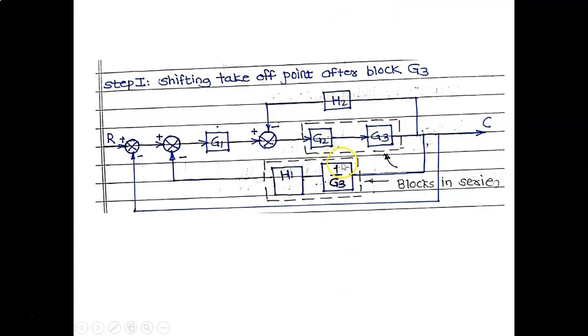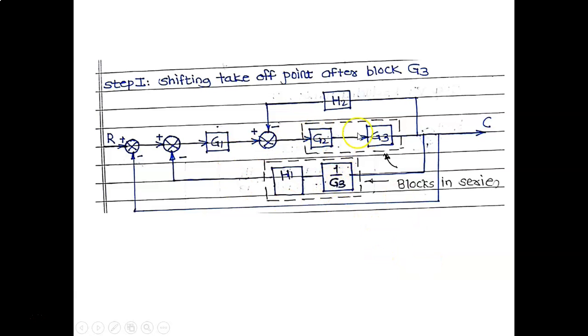Therefore we have added a block having the value reciprocal of this G3, that is 1 upon G3, in line with H1. Therefore because of this, G2 and G3 will become blocks in series.